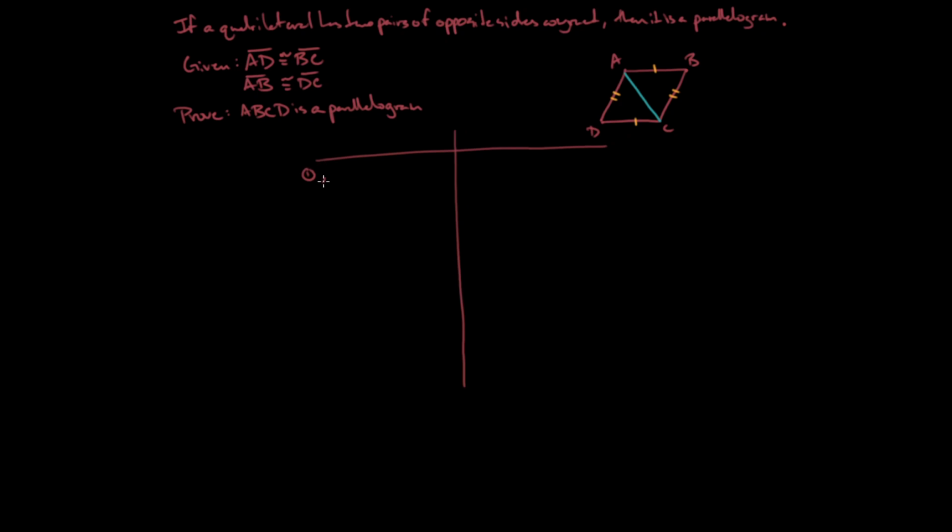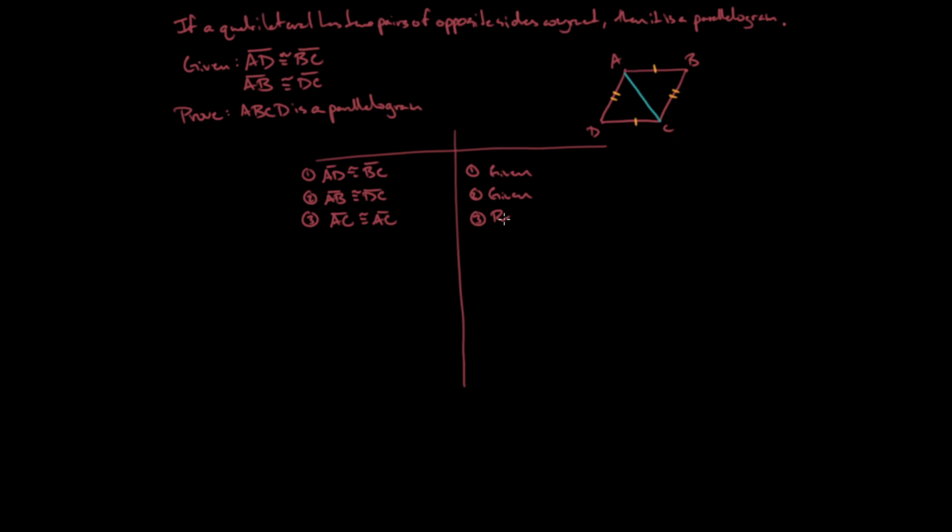So number one, AD is congruent to BC. This is given. Number two, AB is congruent to DC, also given. And then I just need one more part between these two triangles, and that is that AC is congruent to itself.